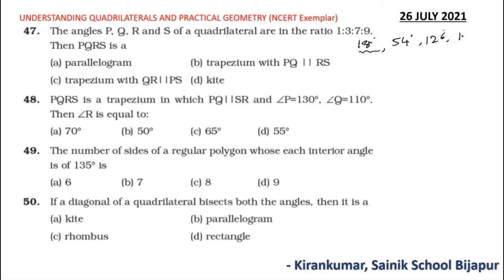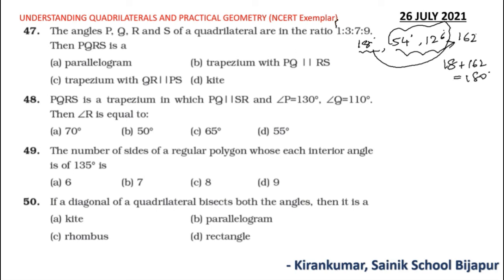And the last angle is 162 degrees. When we do the combination, 162 with 18, we get the sum as 180 degrees. The sum of these two also is 180 degrees. We can say that PQ is parallel to RS.